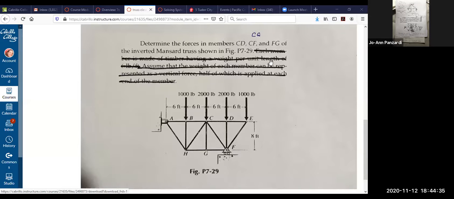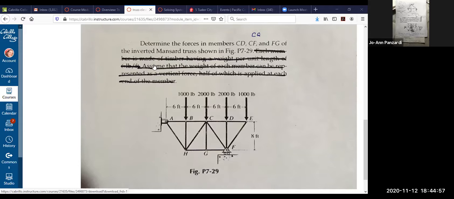I'm back to this problem. So this problem initially said, each member is made of timber having a weight per unit length of 6 pounds per foot.